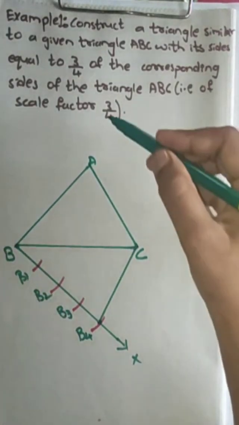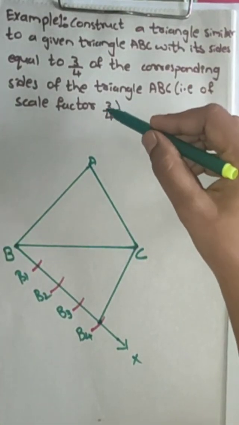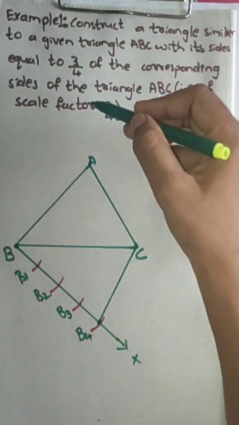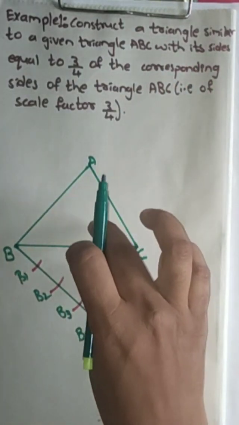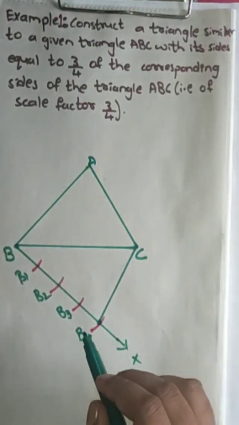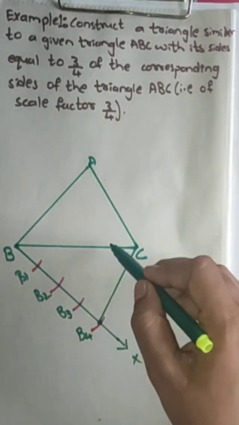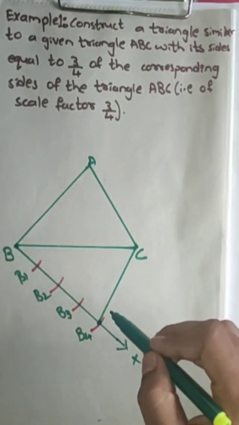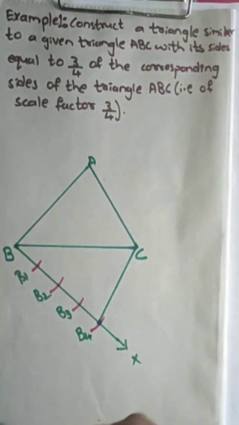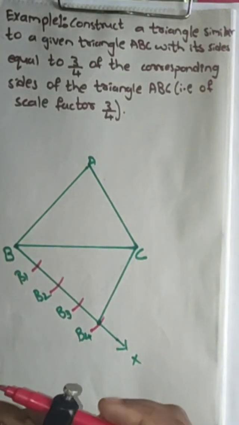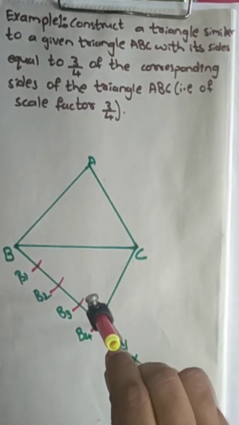Now, so 3 by 4. So 3 will be our corresponding triangle, which will come inside the given triangle. So B3C' parallel to B4C is what we should construct. This parallel line we should construct here. Now for that, same procedure, take any measurement arc.